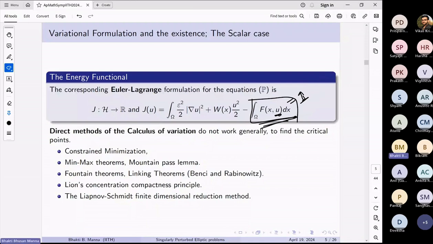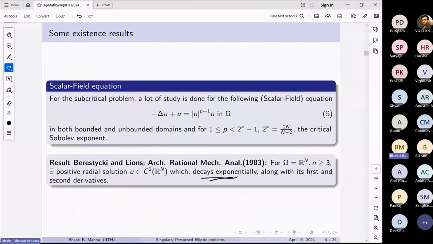And once we have a manifold of codimension 1, there we shall try to find the critical point of this particular J. Because it has codimension 1, we can use the Lagrange multiplier rule and other things to figure out that the solution of J restricted to that manifold is actually a solution of the original problem. And this is the technique that was used in this particular paper for existence.